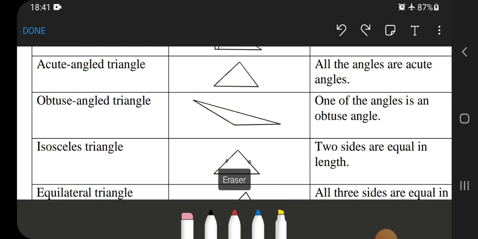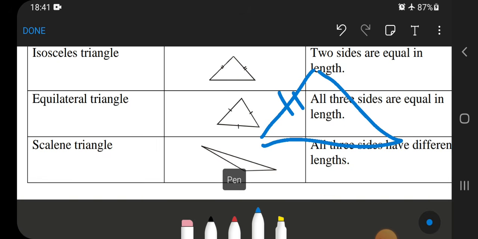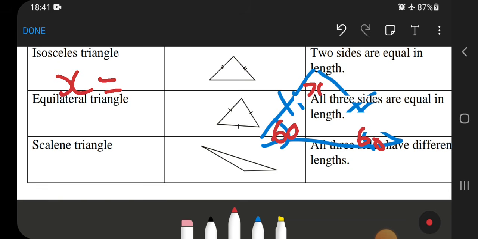In an isosceles triangle, two sides are equal. So if they mark it like this, it means this angle and this angle are equal, not this one. Meaning, if this angle is 60 degrees, this one is also 60. And then to find this one, maybe it's x, we'll say x equals 180 minus 60 plus 60.